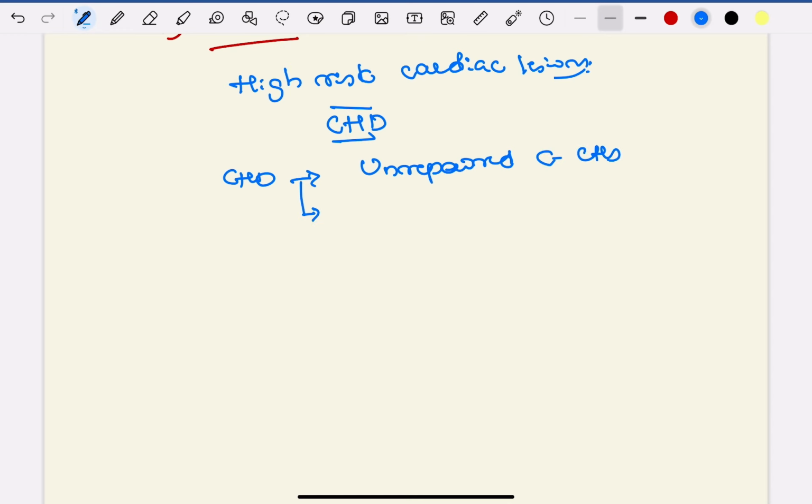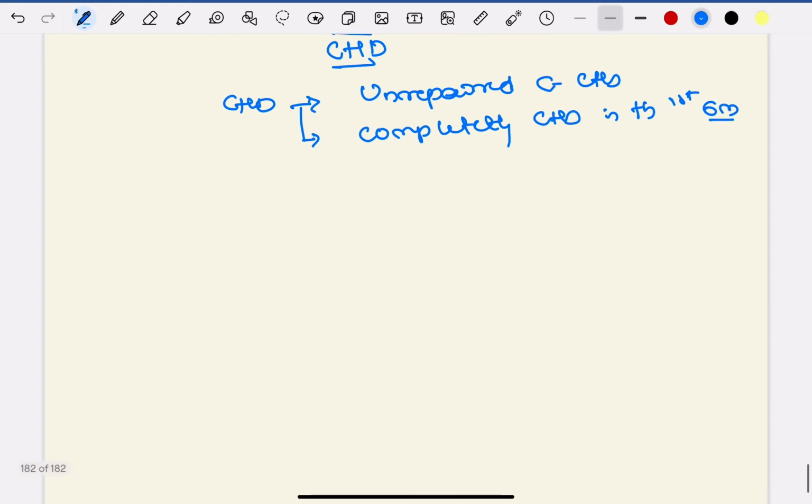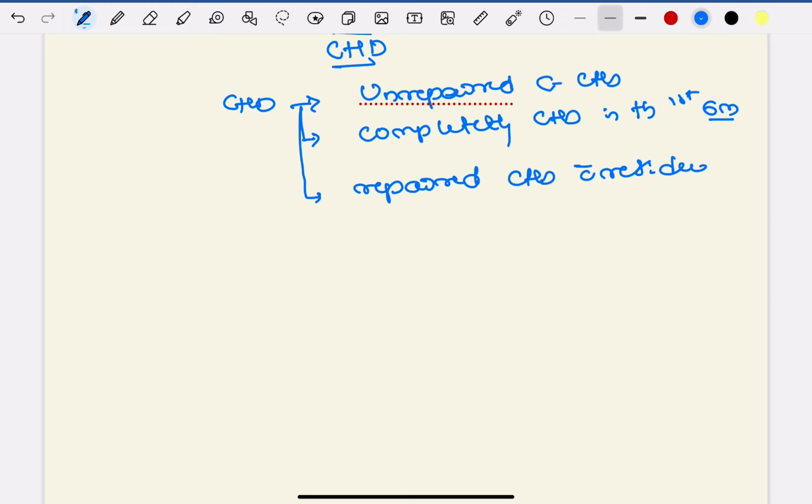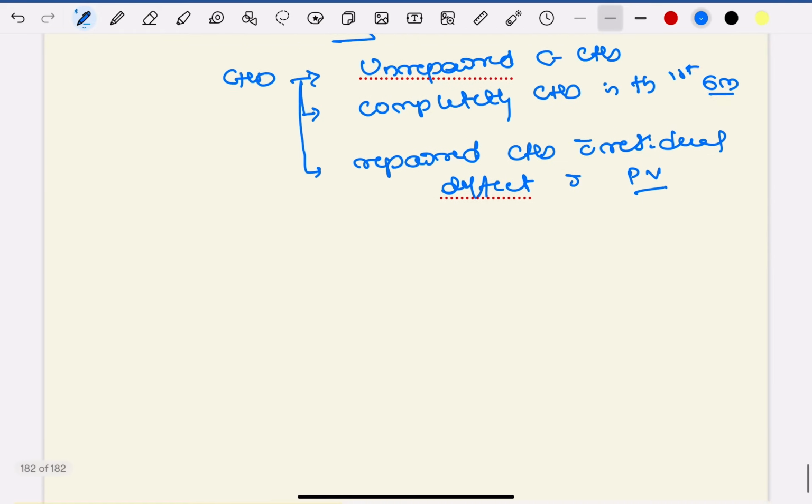And completely repaired congenital heart disease, in the first 6 months you have to give infective endocarditis prophylaxis. Then you have repaired CHD with residual defect adjacent to a prosthetic material, or prosthetic valve.